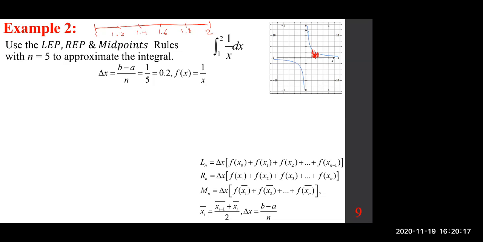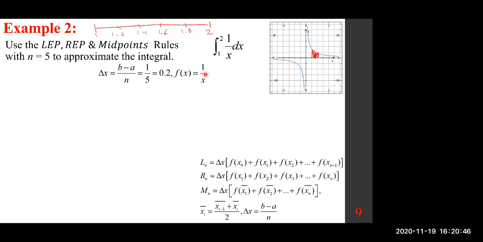So now let's find L5 because n is 5. I don't even really pay attention to that because my line segment is really helpful for me. So it will be delta x, which I have as 0.2, times f of, I use all of these points except the last one. So I want f of 1, f of 1.2, and what is f, by the way? 1 over x.